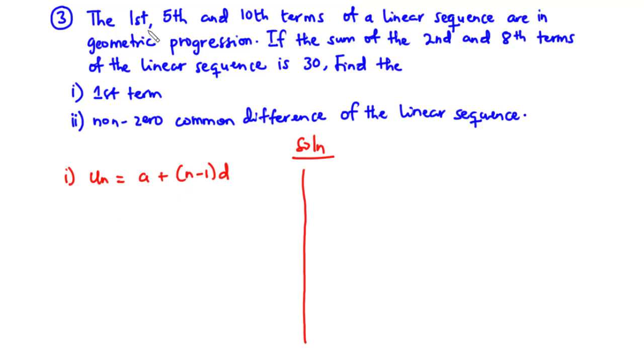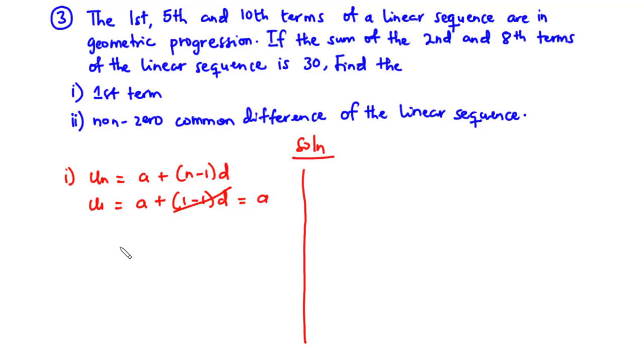So if you want to find the first term, then this becomes U1 equals A plus 1 minus 1 times d. Because we are finding the first term, we say that n is equal to 1. So U1 is equal to, this goes to 0, 1 minus 1 is 0 times d is 0. So we are left with A. So U1 is equal to A.